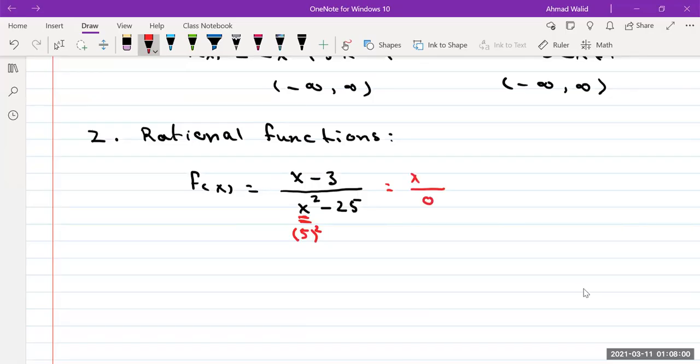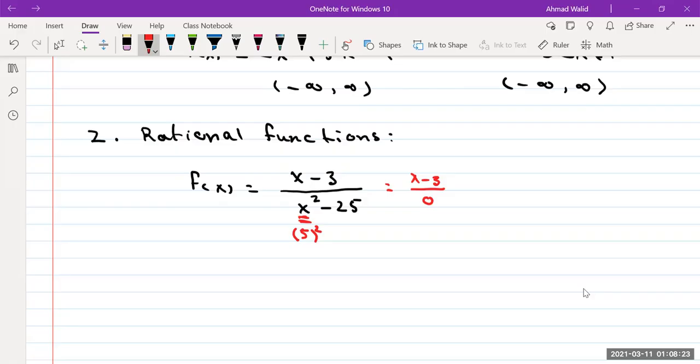And on the top, I have x minus 3, correct? When your denominator is 0, we call it undefined, right? It means 5 is not in the domain of this function, because if I put 5 in, then my function becomes undefined.